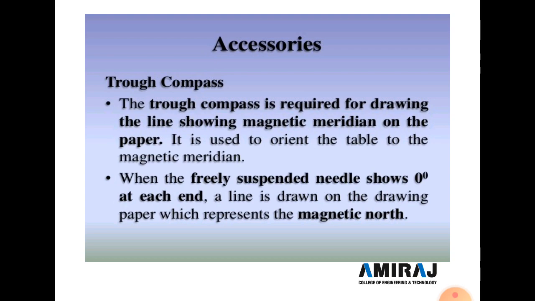From the compass you always know the compass needle always rests in a north-south direction, the magnetic needle rests in a north-south direction. So by using this compass we exactly mark the north direction on a paper, clear.